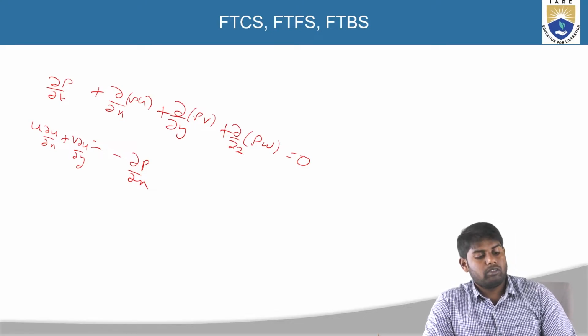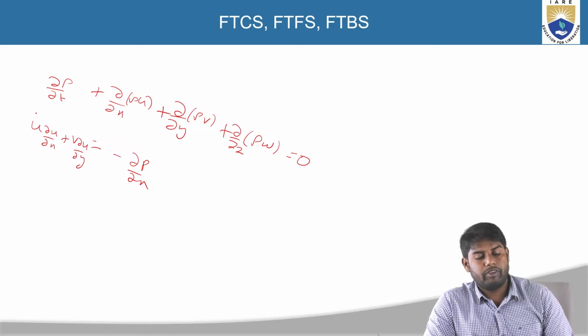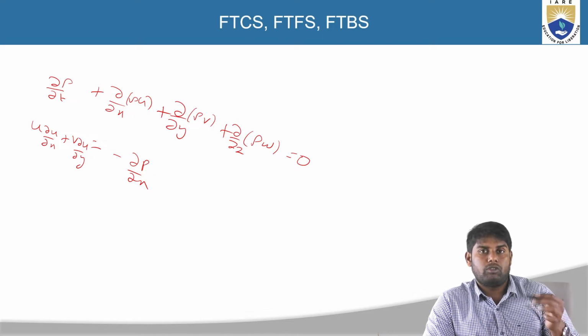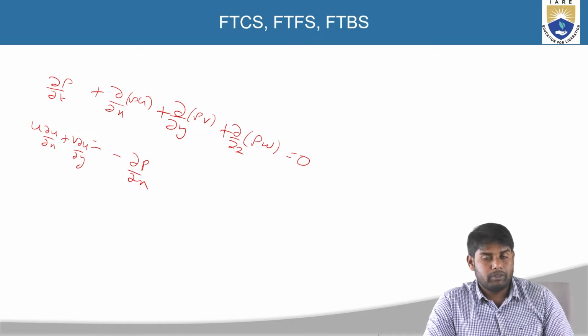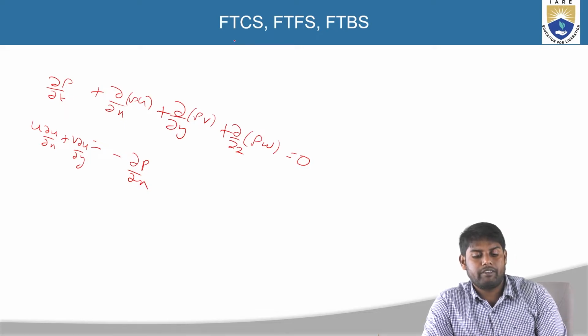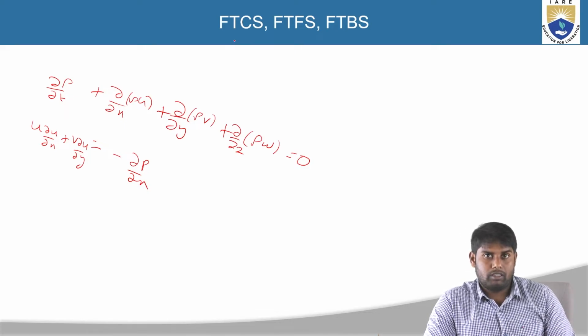Okay, so whatever these terms we have, these are space derivatives. If we consider the first one, the time derivative, these terms are replaced using the FTCS, FTFS and FTBS schemes.